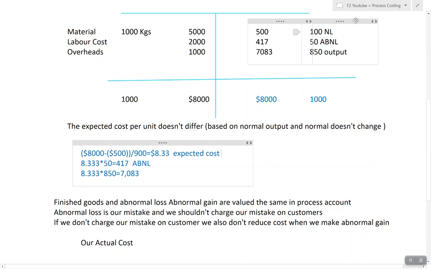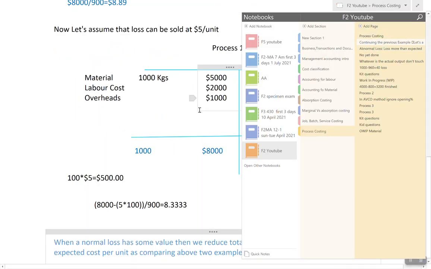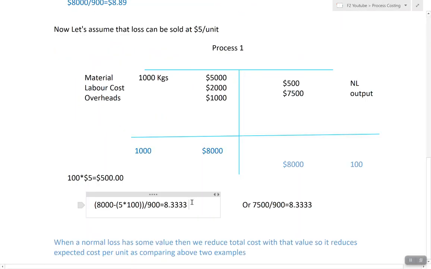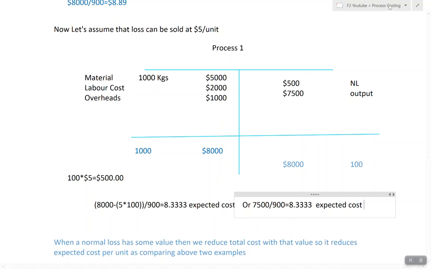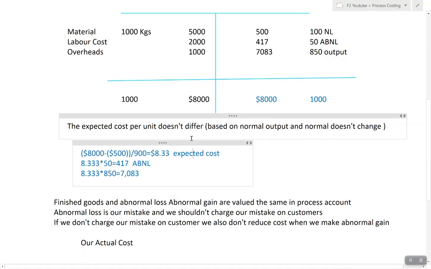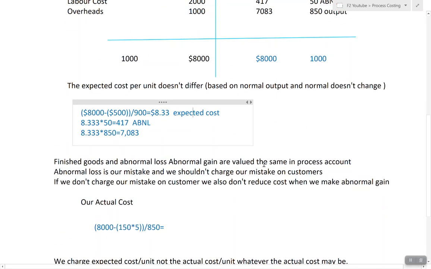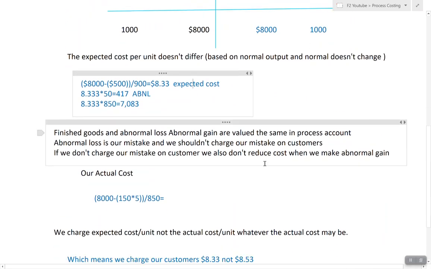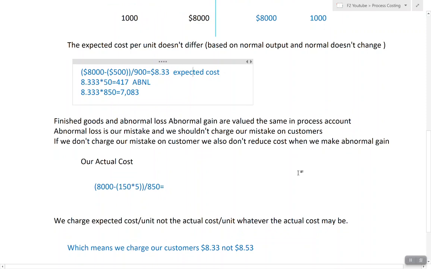So expected cost doesn't change no matter what the actual output is. Expected cost and normal loss, they stay the same. So expected cost is the normal cost. We charge our customers the normal cost. We don't want to be changing our prices frequently when the output is different.